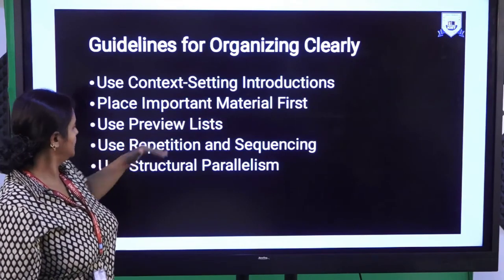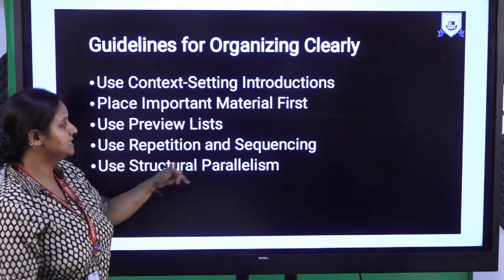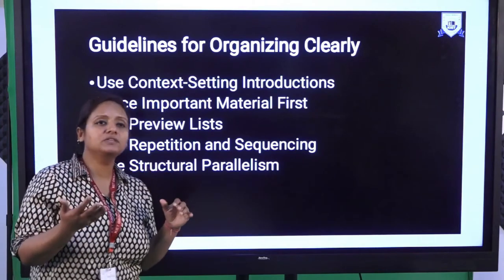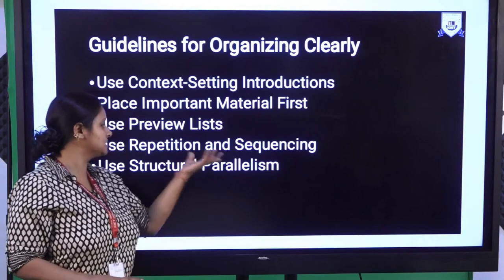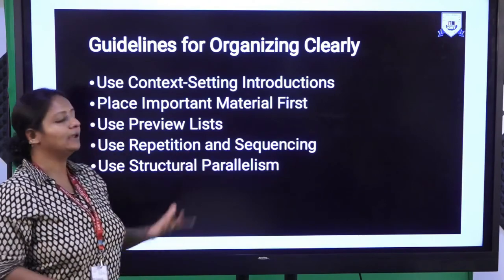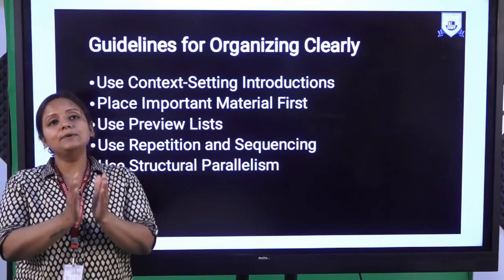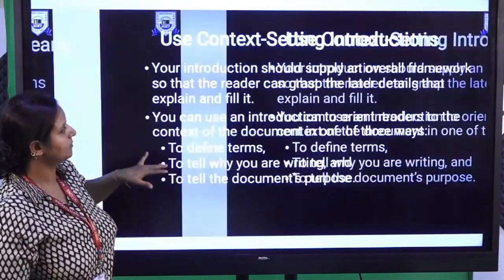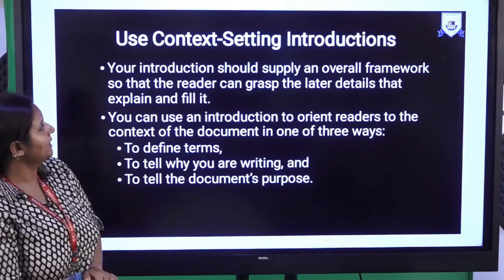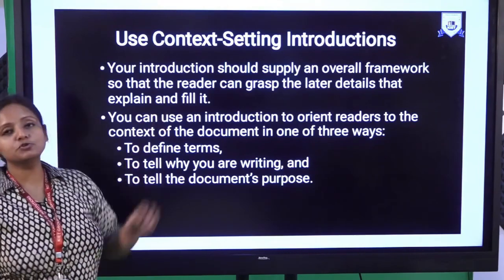Use preview lists, use repetitions and sequencing. In order to emphasize something or put stress on a point, you can use repetition and use parallelism, as I said. For similar elements, use similar construction. Okay, and context setting. Introduction should come first.